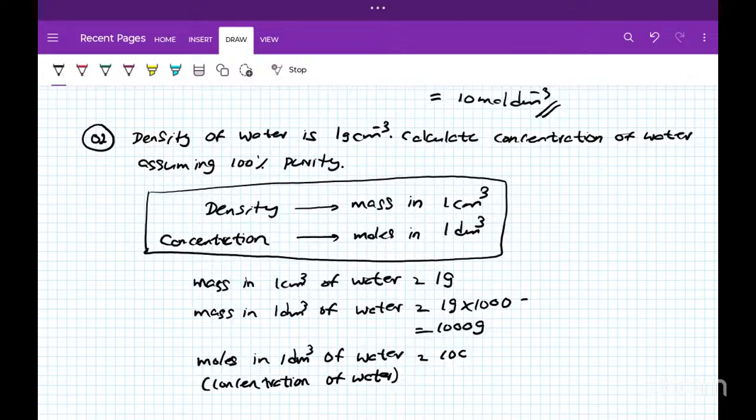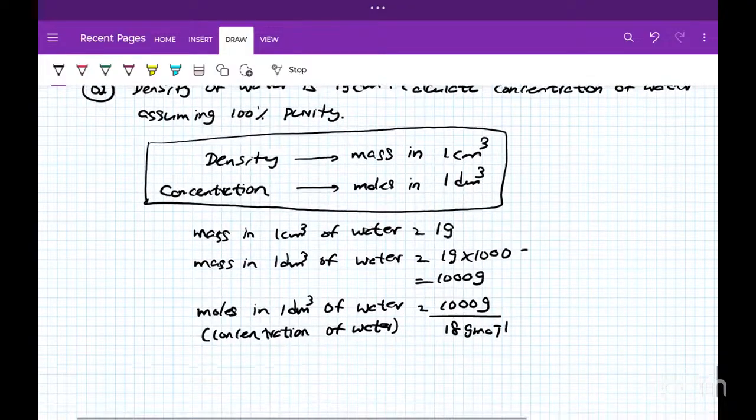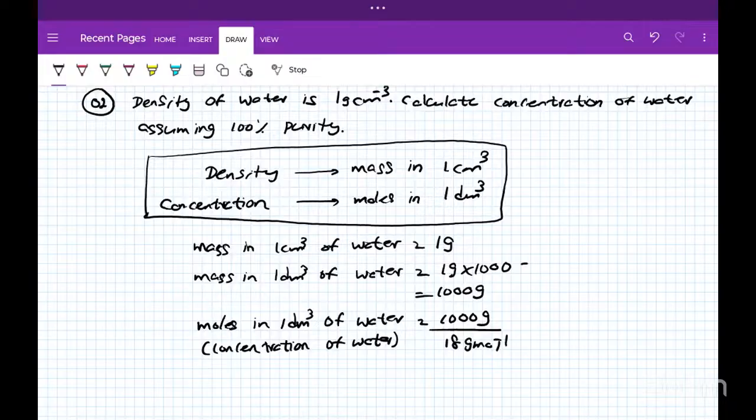So this is 1000 grams. This can be converted into moles by dividing by molecular mass, that is 18 grams per mole, in 1 cubic decimeter. So the answer is 55.556 moles per cubic decimeter.